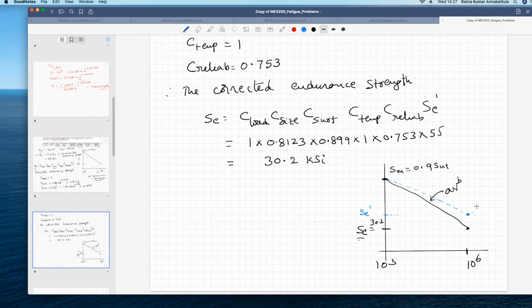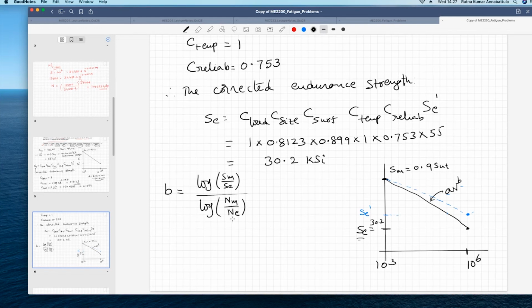Okay. So now you need to find out what is A and B. We have seen that B, so now instead of SF in the previous equation, you just need to have SE. So I can write log SM by SE divided by log NM by NE.